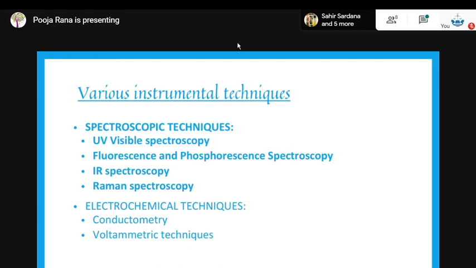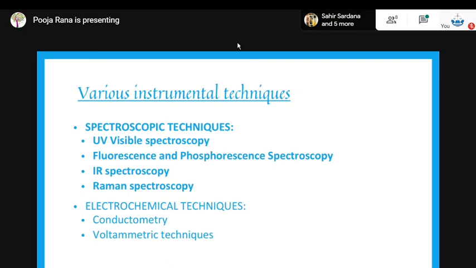Now we were talking about those two phenomena. First was luminescence, and second one is phosphorescence: luminescence, fluorescence, and phosphorescence. Phosphorescence and fluorescence are somewhat similar in nature. All right.